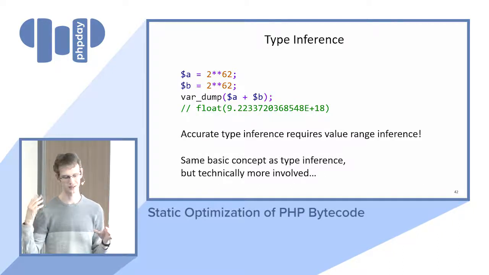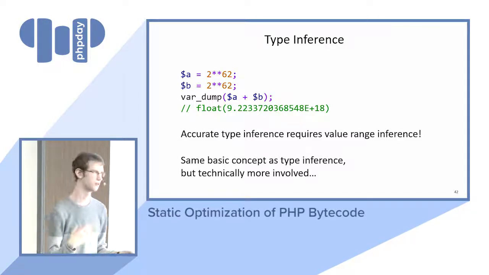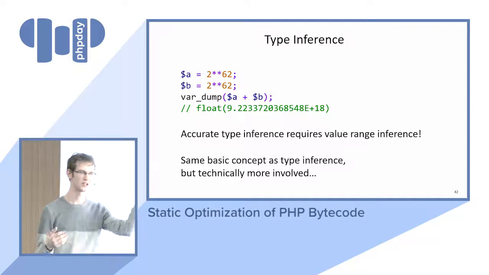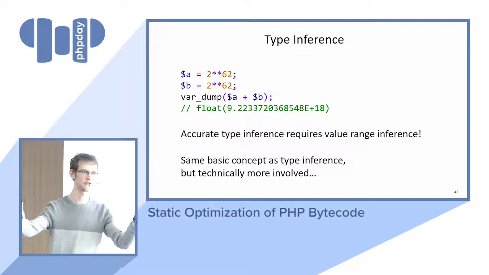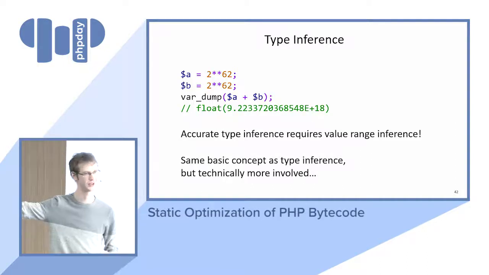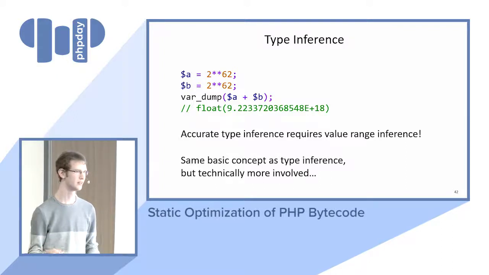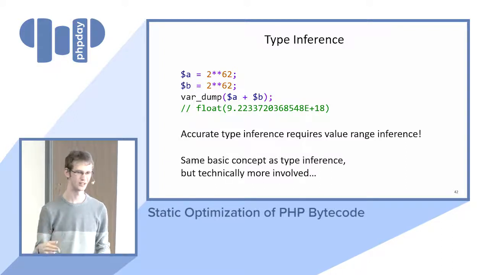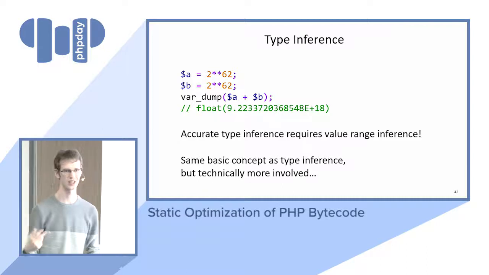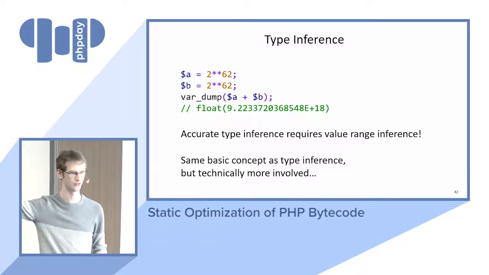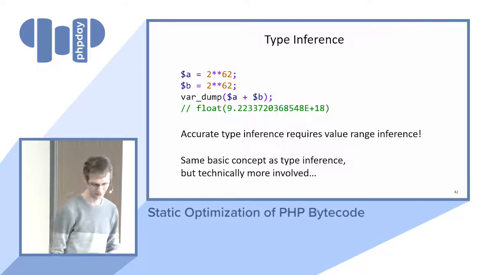On the other hand, the number of possible ranges is practically infinite because a range has a starting point and an ending point, and for 64-bit numbers, that's a total of 2 to the 128 possible ranges. And that's basically the reason why doing the value range inference is harder, because if you do it the same way as the type inference, it will actually run forever. Not forever, but for 2 to the 128 steps, which is practically forever.